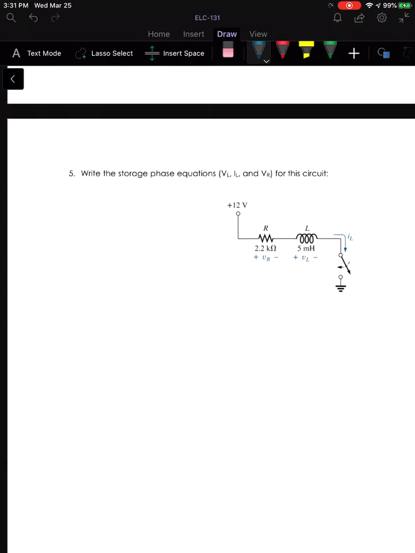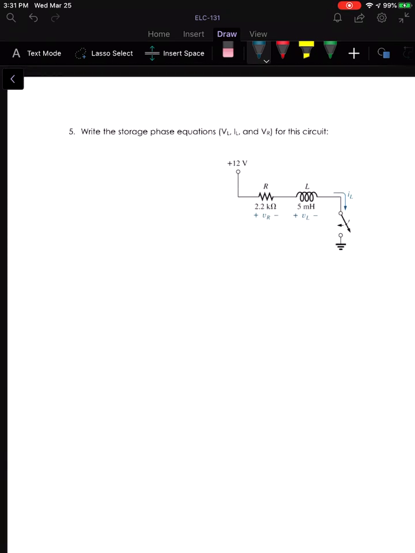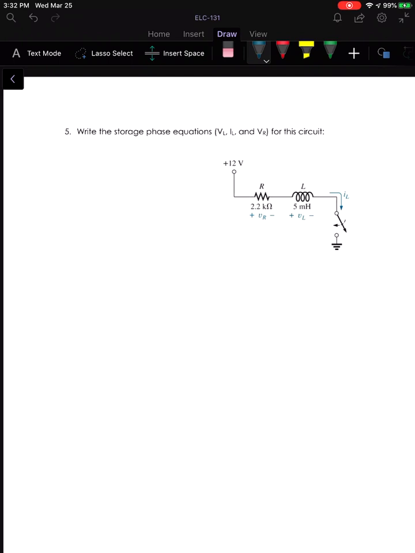Okay, let's look at one more example, and maybe we'll plug in and try to find some actual numbers here. Let's look at the storage phase equations for this circuit. When you have something like this in your circuit, you can imagine that's a voltage source to ground.